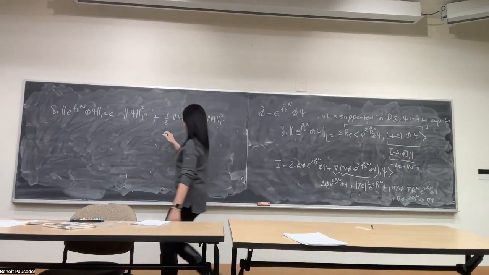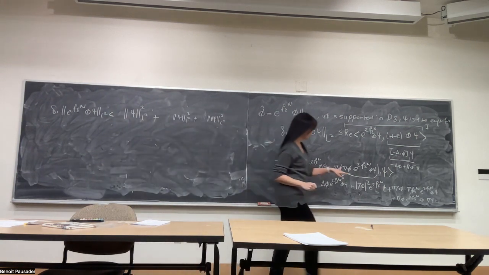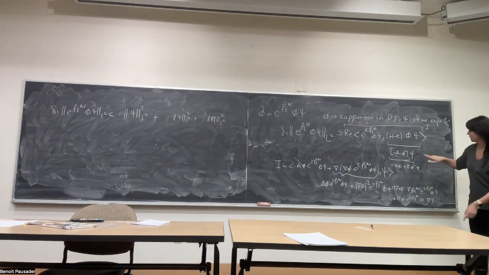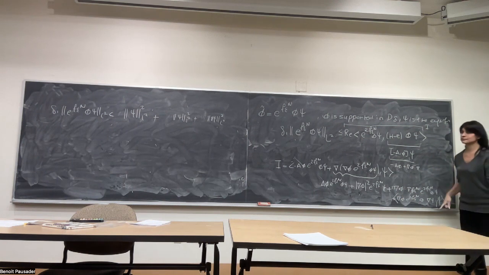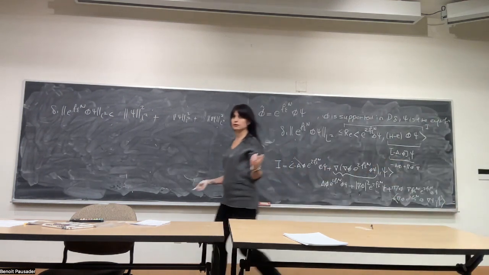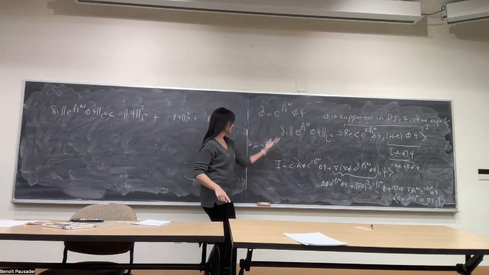Maybe I should use another one. I'm just estimating this inner product, which I estimated with some epsilon between 0 and 1. Right. So let me use delta 1 epsilon.